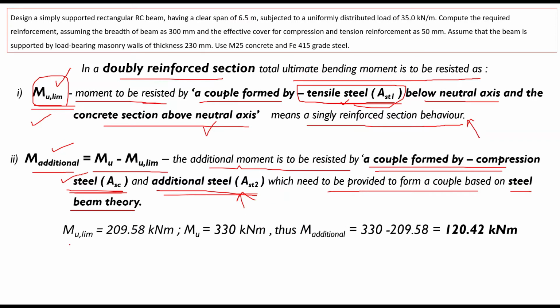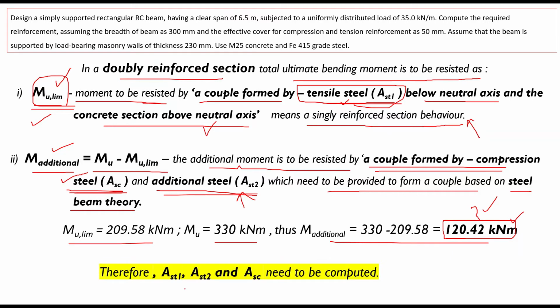Now you know that Mu limited is 209.58, the ultimate bending moment coming on the beam, Mu, is 330, and M additional will be 120.42 kilonewton meter. This additional moment is the main issue which we have to handle, and for which we are switching over from singly reinforced to doubly reinforced section.